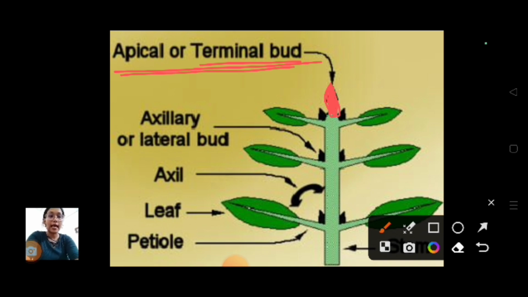And on the sides there is another type of bud called the axillary or lateral bud. Two types of buds we can see in stems: one is apical or terminal buds, and another is axillary or lateral buds.